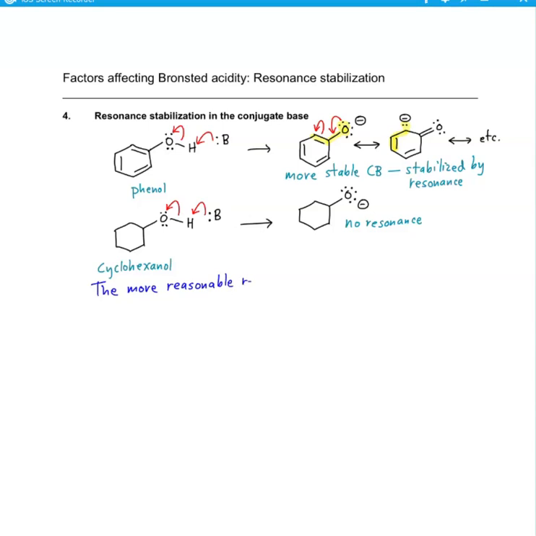The more reasonable resonance contributors a base has, the more stable it is. If it's more stable, that means it's a weaker base. So thus, the weaker it is, and the stronger its conjugate acid.